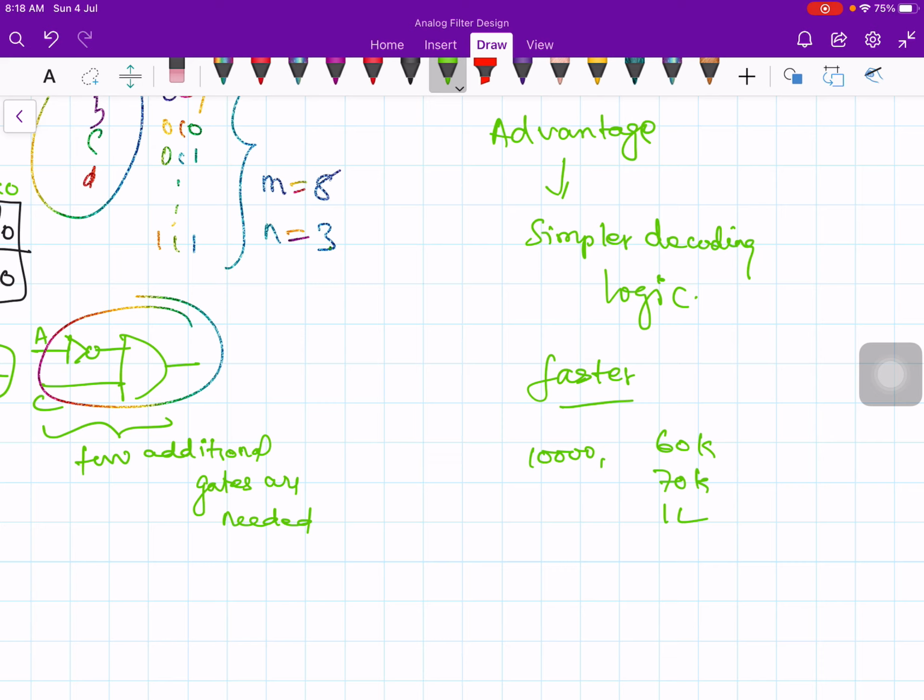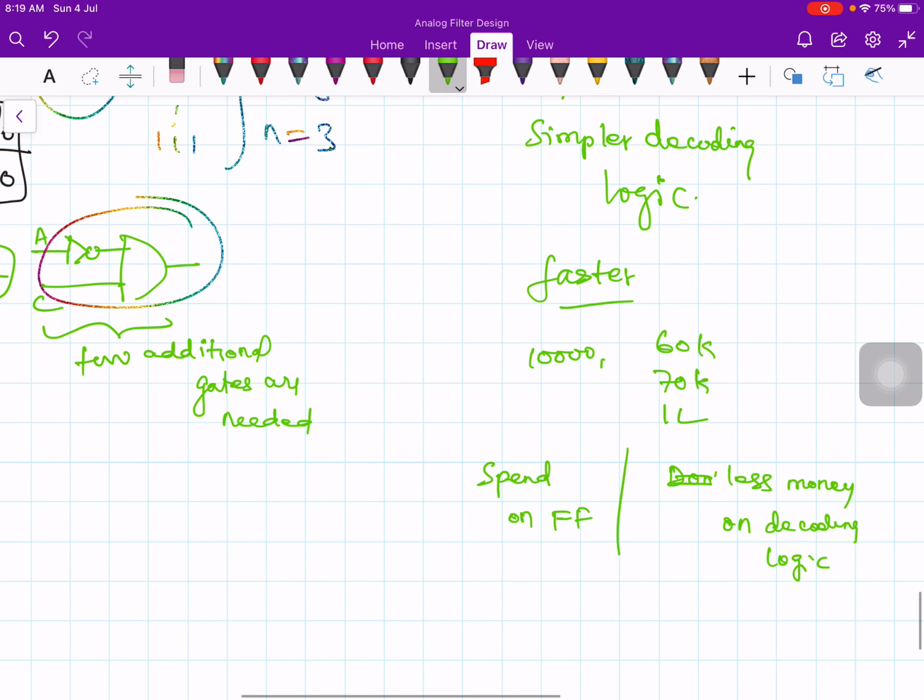So instead of spending money on decoding logic, better spend money on the flip-flops and very little on the decoding logic. What is the benefit in this? You achieve a faster circuit, faster operation. Spend on flip-flops, and less cost on decoding logic.